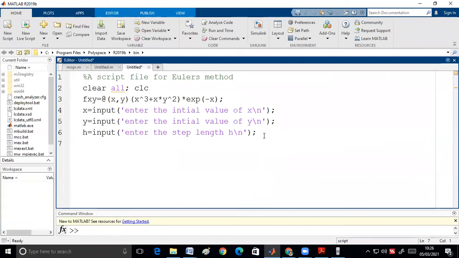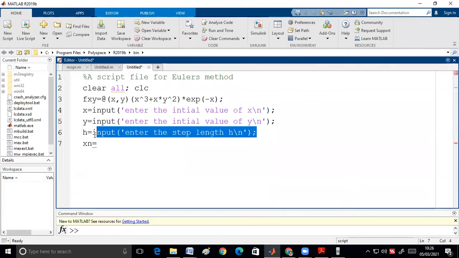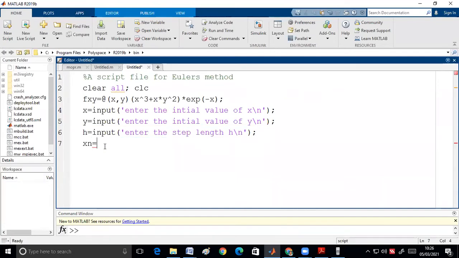So, and also ask the unknown quantity. Unknown quantity, I will take some name, Xn, just I will call it as Xn. Input the unknown quantity or final value.